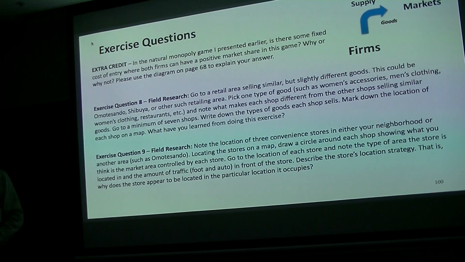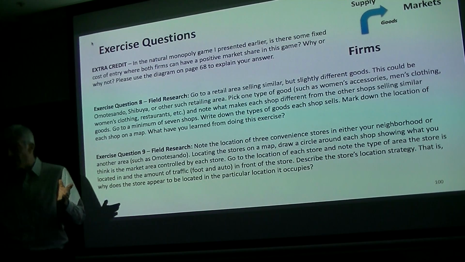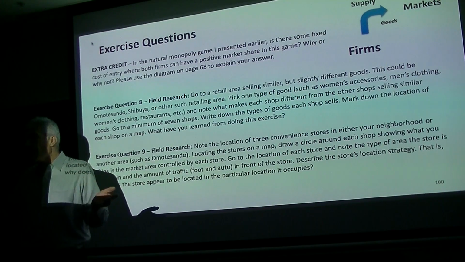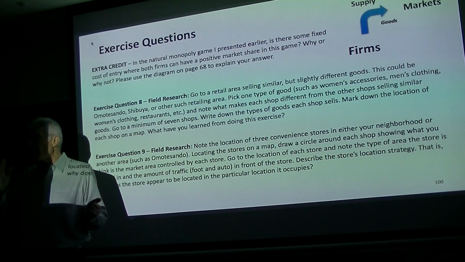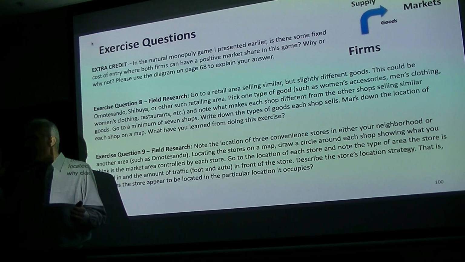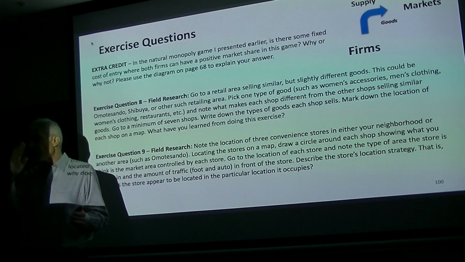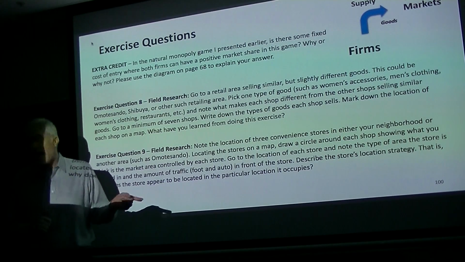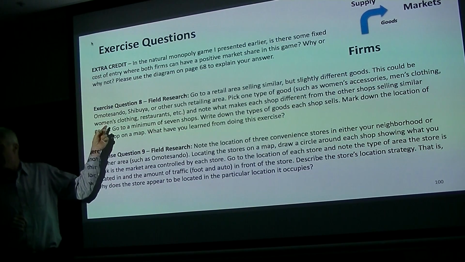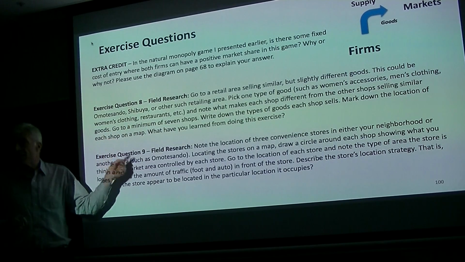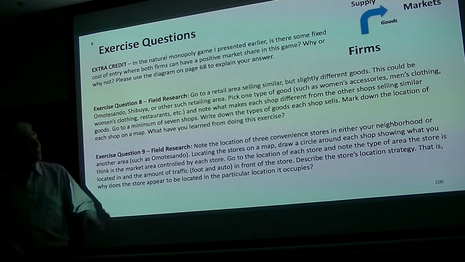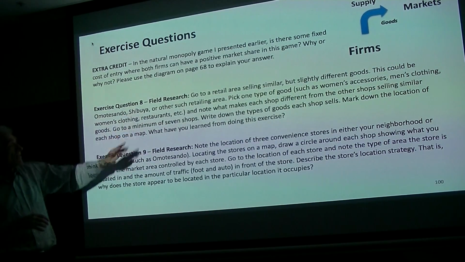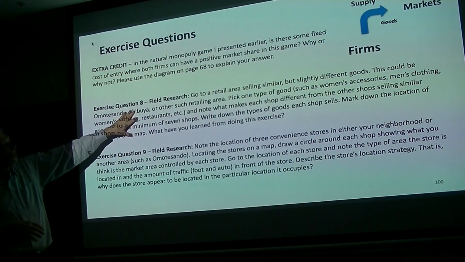They cluster together because, as in the example I gave you, customers' demand is relatively inelastic over space, so they're willing to travel a distance and come and look. So you're going to get clustering. That's the clustering behavior I want you to look at here.